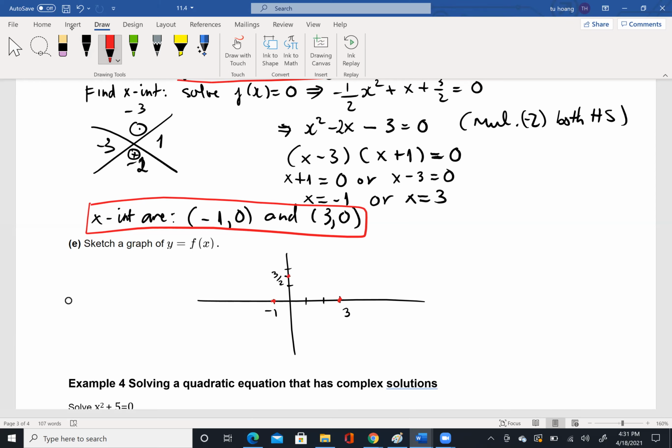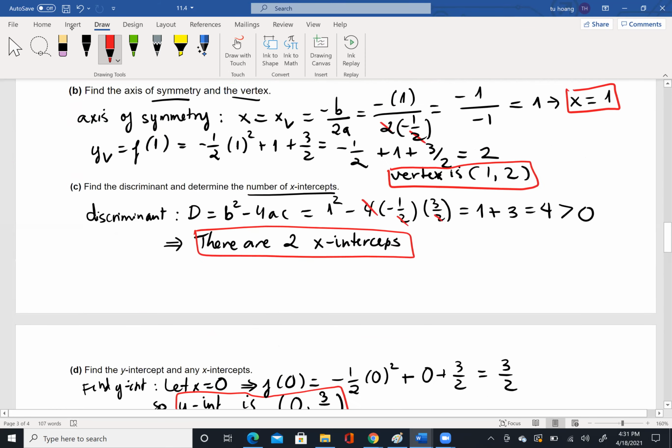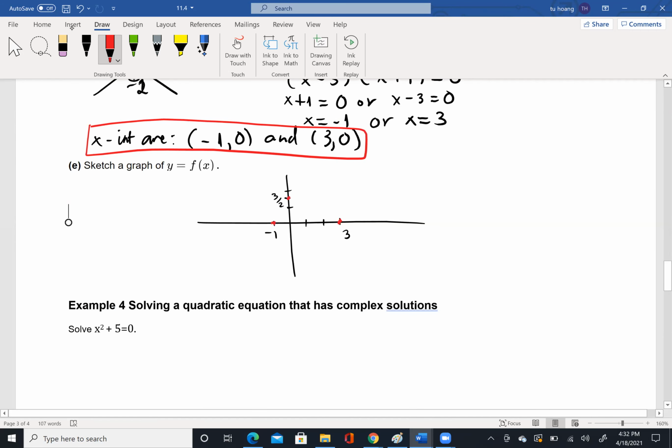And then I have symmetry, a vertex. What is the vertex? The vertex x was 1/2, and then 1, 2 over here. So it should look like this, go to the 3 points, go there.